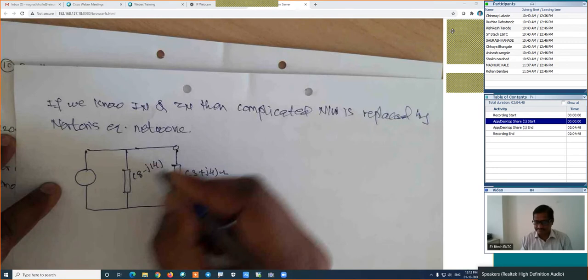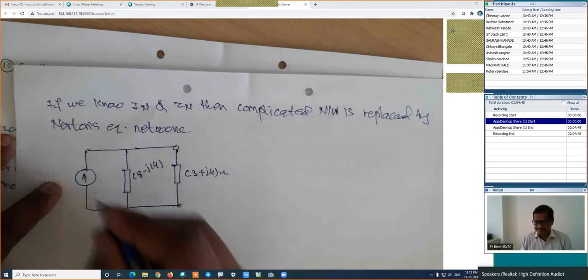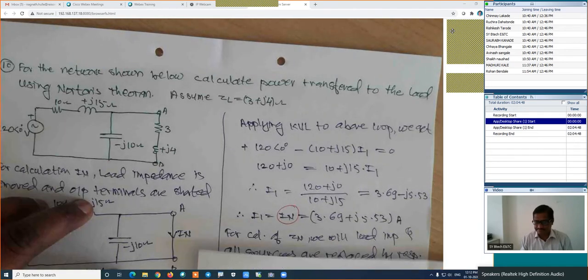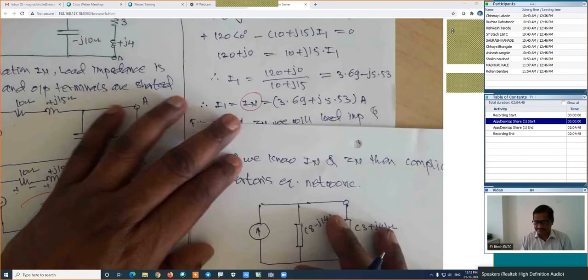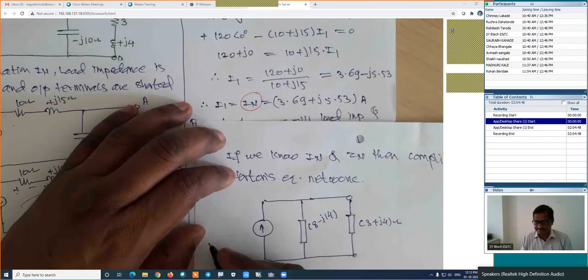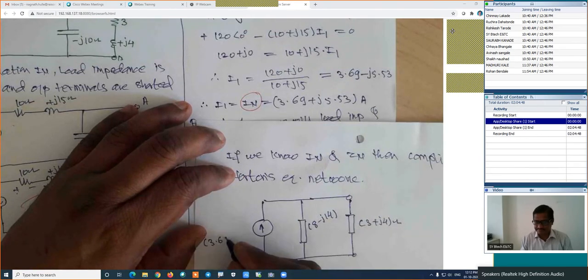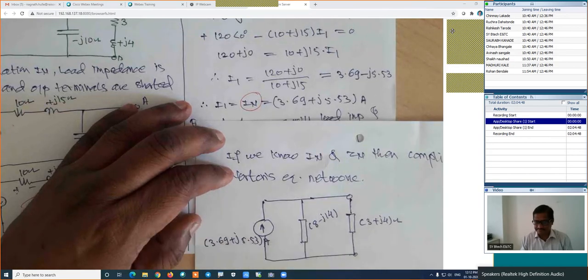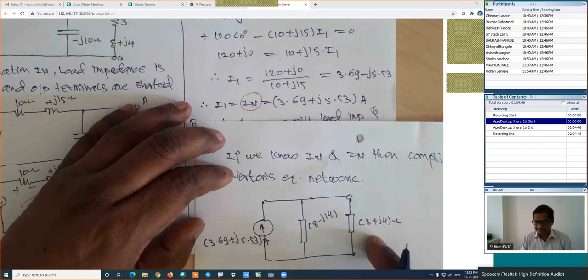How much is this value of this current source? The current source, that is In. In is 3.69 plus J5.53 amperes. This is In, this is Zn, and this is ZL.